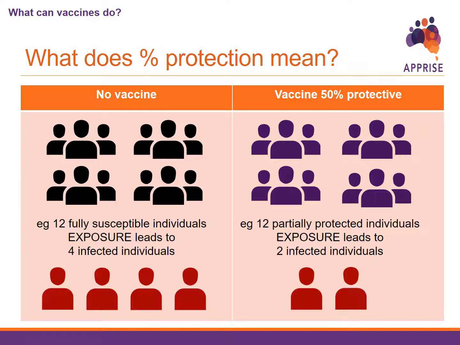So, for example, if people on the left were all exposed to influenza, we would anticipate that 4 of them would go on to develop infection. If a vaccine is 50% protective, then the risk of that happening is reduced by half each time, and only 2 people would develop the infection after exposure. And it's this kind of assessment that allows us to estimate the percent protection or the percent efficacy of a vaccine.